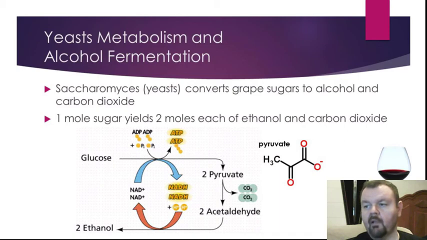If you look very closely on that very far right end, you'll see an oxygen double bonded to a carbon that's single bonded to another oxygen. Well, guess what? That's your CO2 right there. And that's at that point, between those two steps, where the yeast actually releases CO2, or carbon dioxide. And then the acetaldehyde becomes the ethanol, or the alcohol.